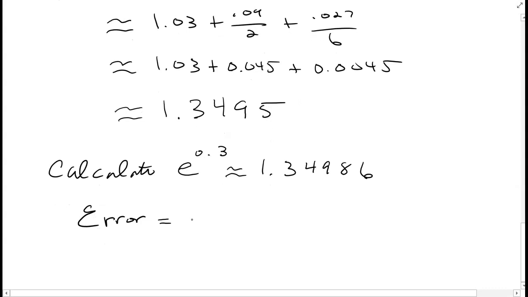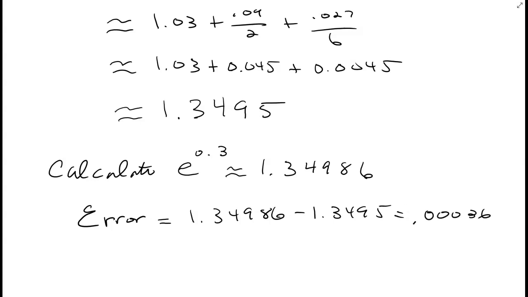Because I was able to calculate it, I can just take 0.34986 minus 0.3495, and I can get 0.00036. But that's not a really good way to estimate your error because you'd have to actually calculate the actual value. So how can we estimate our error without calculating the actual value?